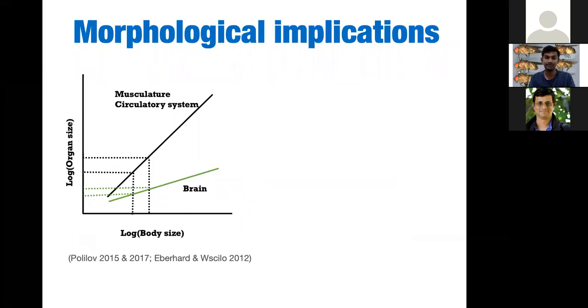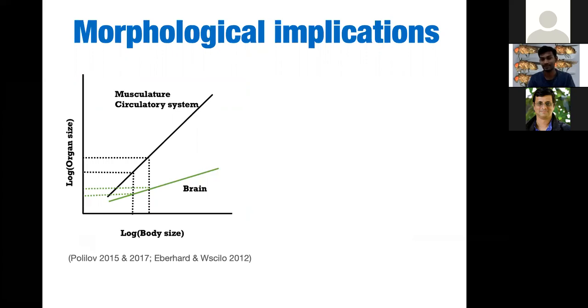For example, if you look at how some organs change in size with reducing body size, you can see that systems like the circulatory system or musculature in insects scale isometrically, which basically means they scale with a slope close to 1. But there are a lot of other systems where the slope isn't close to 1.